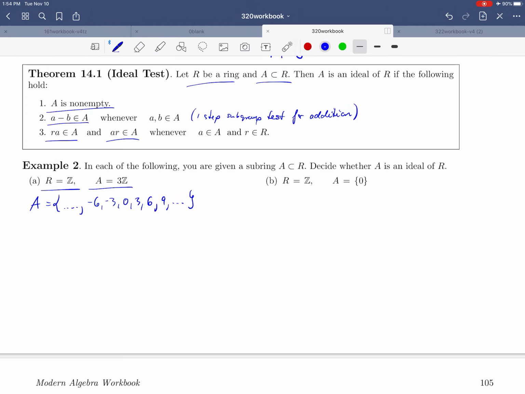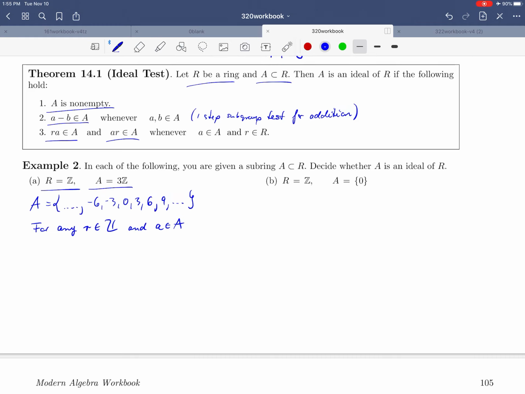Now, does that suck things into this set? We have to check for any R in Z and A in A, what does the product look like? R is just an element in the ring, but A is an element in our subring.